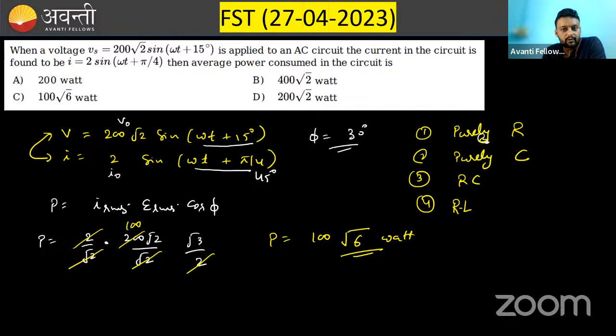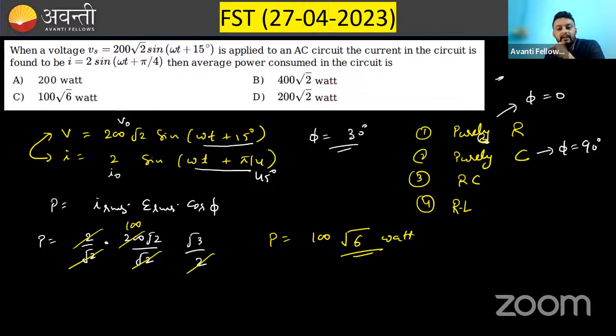Purely capacitive. Okay, Veena, listen very carefully. You must remember one or two things. In purely resistive, phase difference is zero. In current and EMF, there is no phase difference. In purely capacitive, phase difference is 90 degree, and current leads the EMF. Remember my word, current leads the EMF. And in purely inductive circuit, phase difference is again 90 and voltage leads the current.